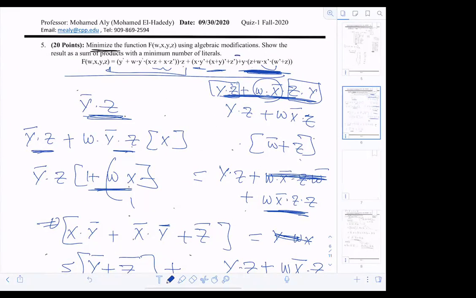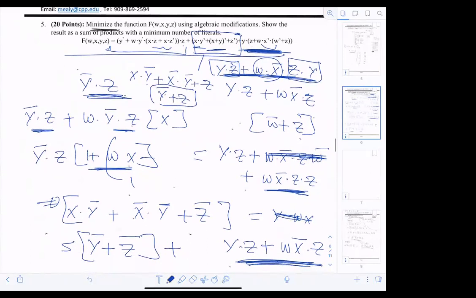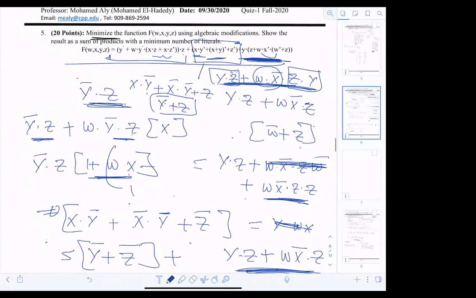But we didn't take this into consideration yet, right? Yeah. So let's see what is actually inside this. It's going to be X, Y complement with X complement, Y, and Z, right? So that's basically Y complement Z. No, wait, shouldn't it be Z complement? Yeah, it's Z complement.